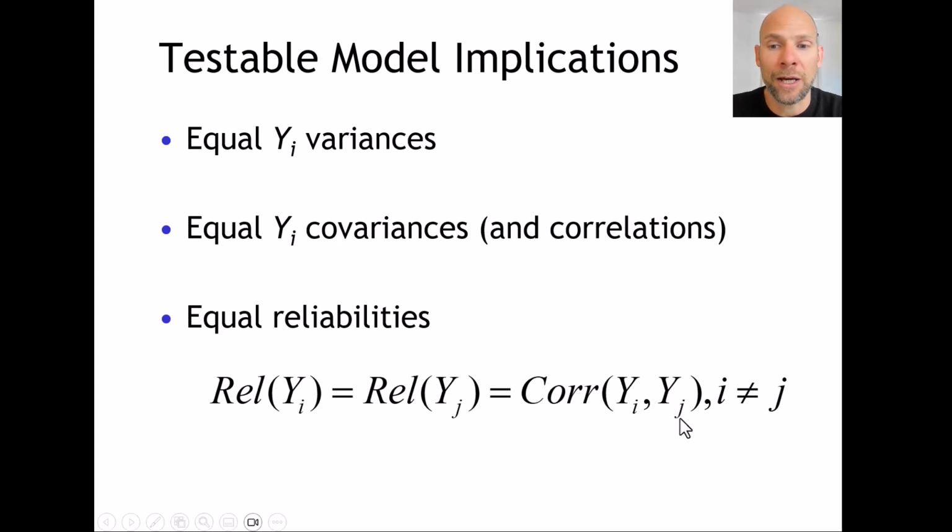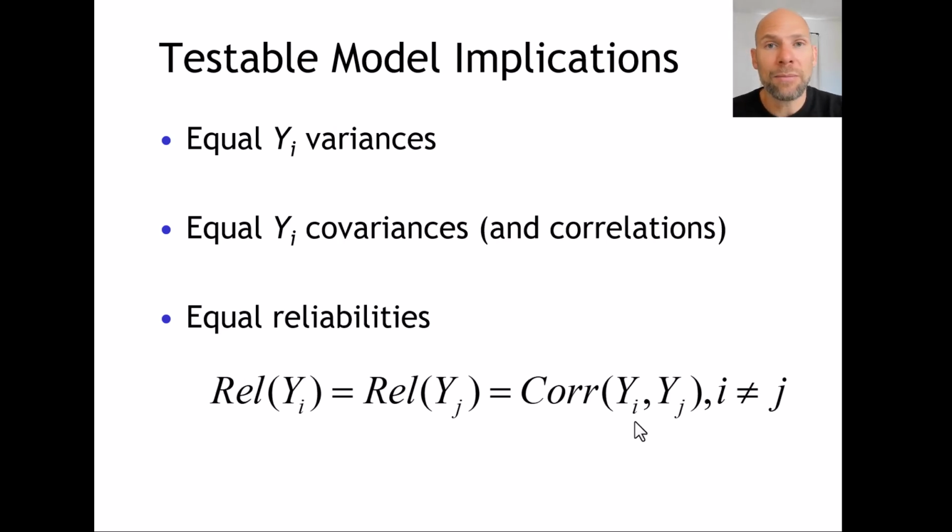Correlation yi, yj can be used in order to get an estimate of the reliability of each test. So it's still pretty nice. It's a little bit less restrictive than the strictly parallel model because now the tests can differ in their difficulty, in their means. Previously, that was not allowed, but we still maintain that the tests have equal reliabilities, which is a nice simplifying feature.